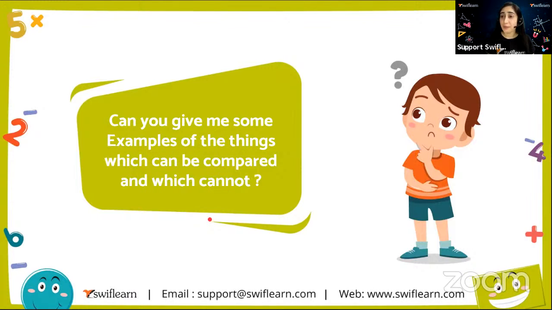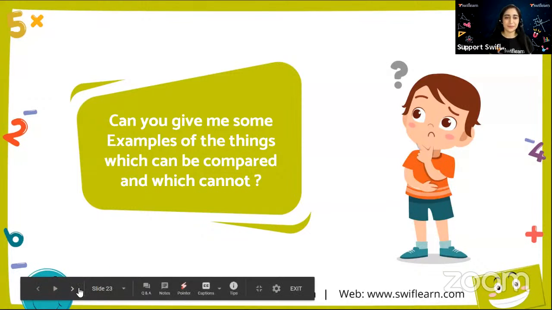The things which can be compared are length, weight, height. If I compare height with height, or weight with weight, these are comparable. Whereas if I compare length with weight, that is not comparable. If I compare distance with speed, that is different and not comparable.